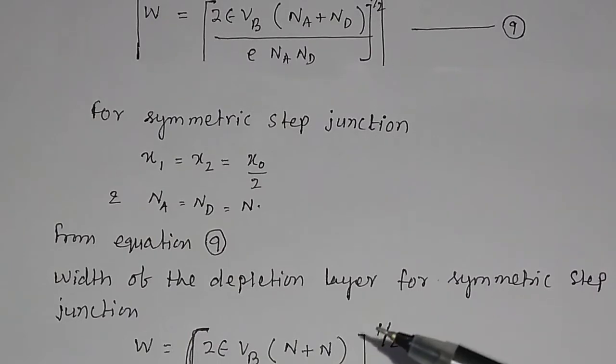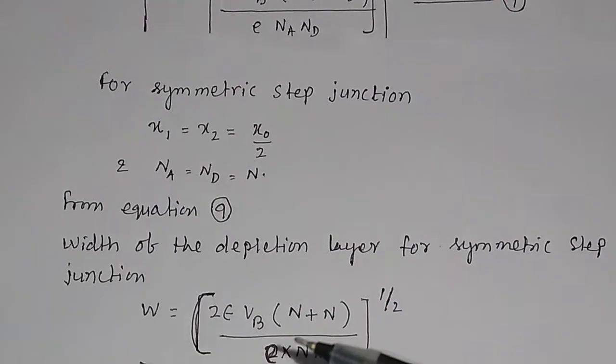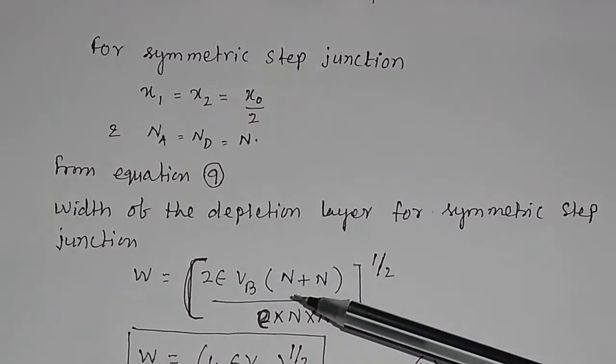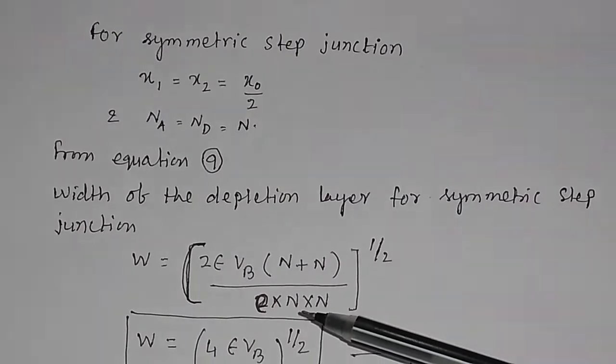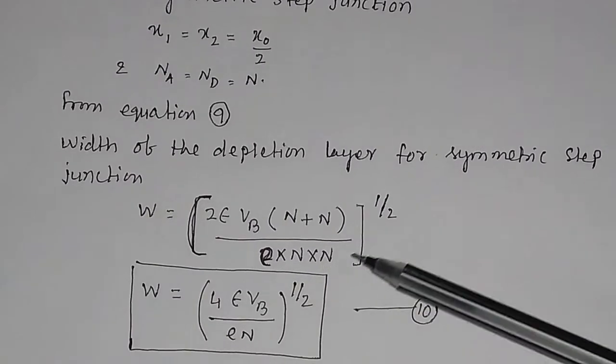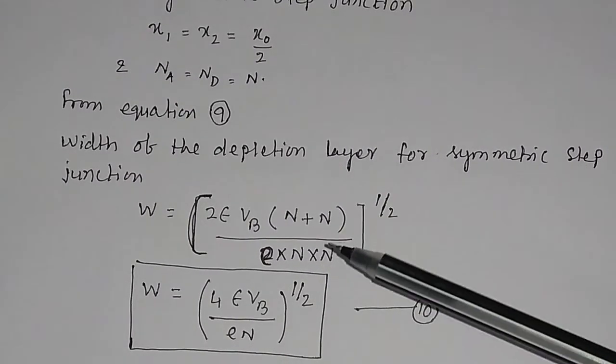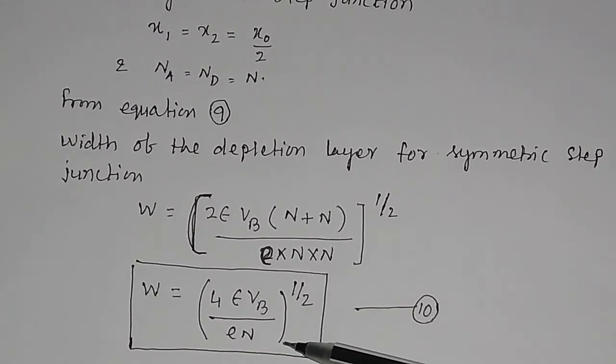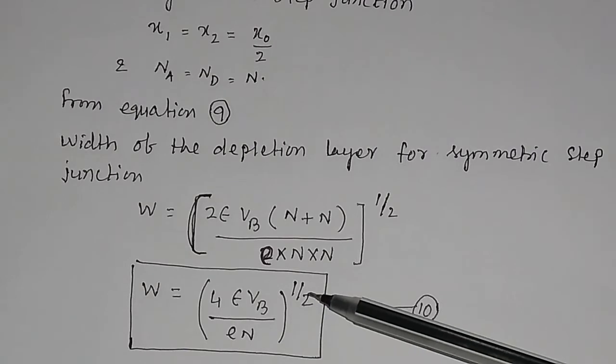then the width of the depletion layer for the symmetric step junction will be equal to W is equal to 2 into epsilon into Vb into N plus N divided by E into N plus N into N, whole to the power half, and one N cancels, so that the width will be equal to 4 epsilon Vb divided by E into N, whole to the power half.